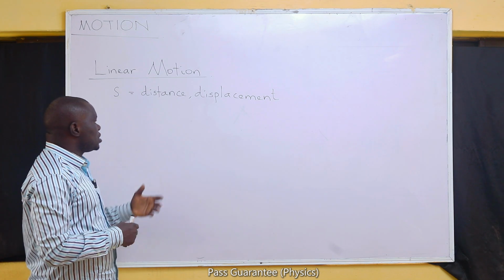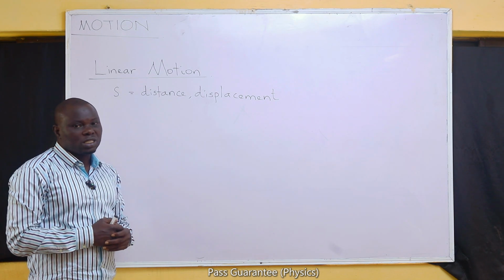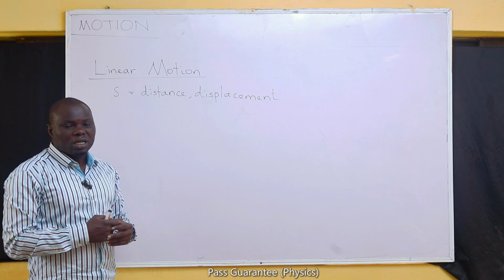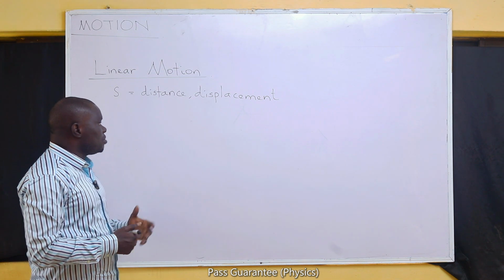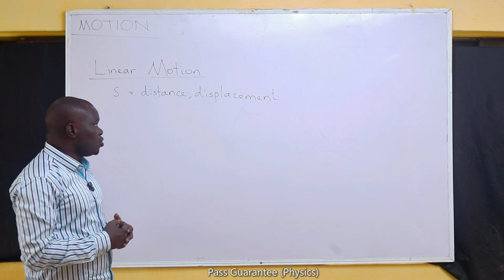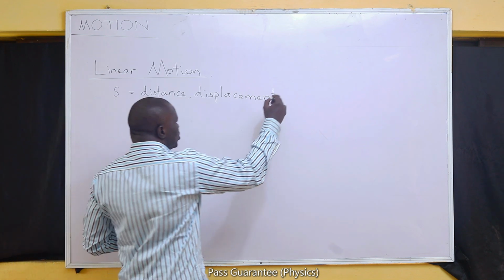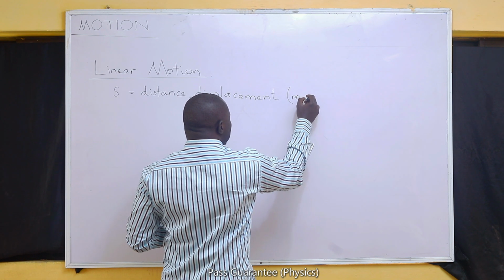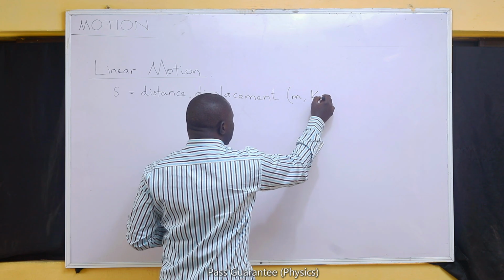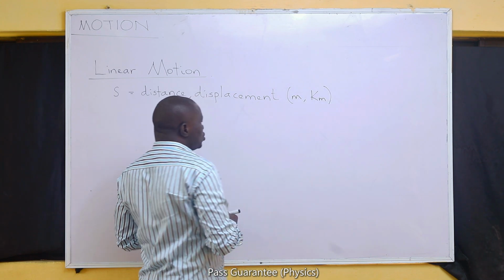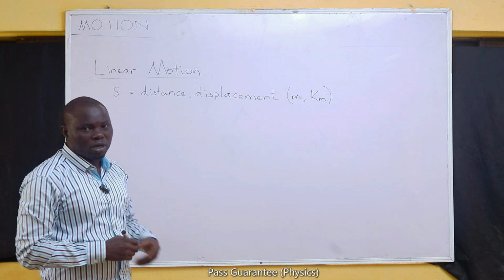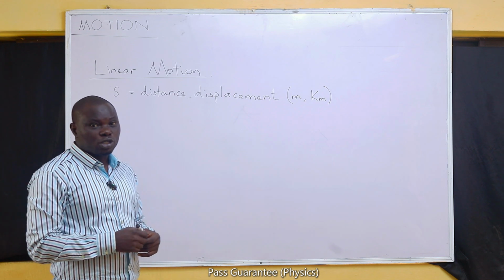When you're solving a question where direction is really not important, then both of them are used interchangeably, and that is what we might be seeing under linear motion. They are measured in meters, kilometers, and there can be other units that we can use to represent them, but most commonly, these are the two units that we always use.